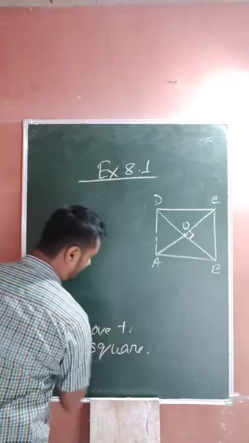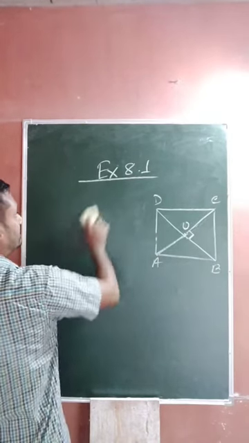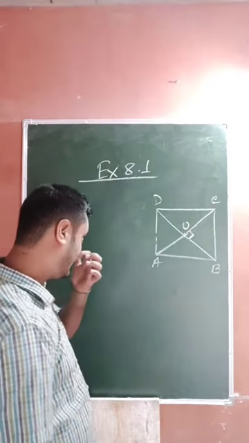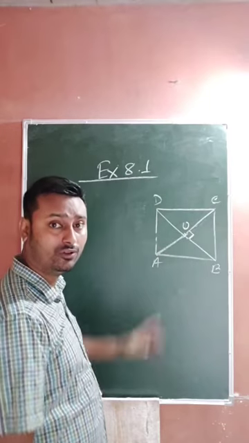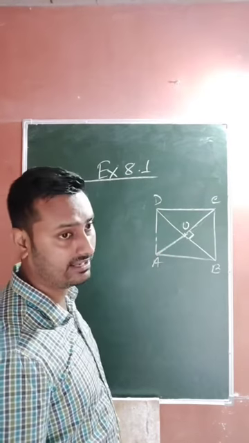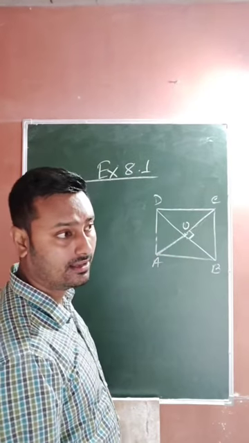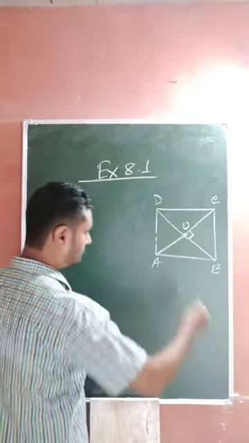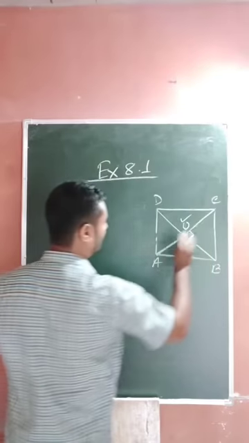You can prove it in two different ways. One, you can prove all the sides are equal by proving triangles congruent, and in one case you can consider a parallelogram also. So suppose at first you take these two triangles.